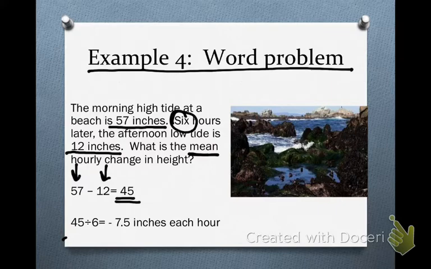We had a high tide going down to a low tide. So we're going to put a negative out front to show that it actually decreased 7.5 inches each hour. So go ahead, pause your notebook or pause the video. I need you now to write all this down and then unpause the video to go to the next question.